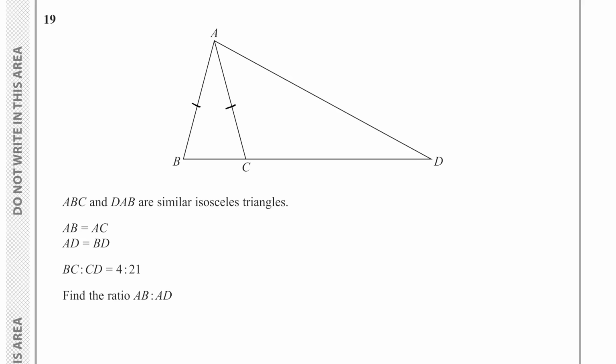And AD, this one, and BD, they are the same. They are 2 lengths of the big isosceles triangle. B to C to D is 4 to 21.